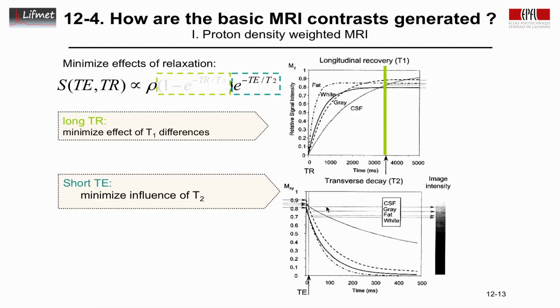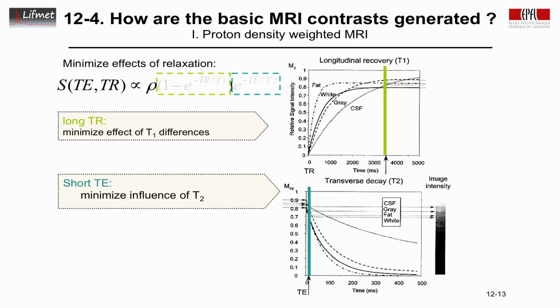Again, we want to have no influence of T2, so we want this term, TE over T2, to be essentially 0. If TE is 0, then T2 can be whatever it is, e to the minus 0 is always 1. So the goal here is to minimize the TE, so we'll use a TE as short as possible. That minimizes the effect of T2.